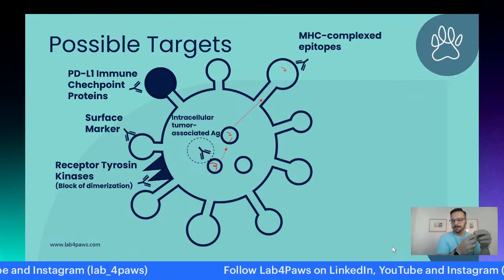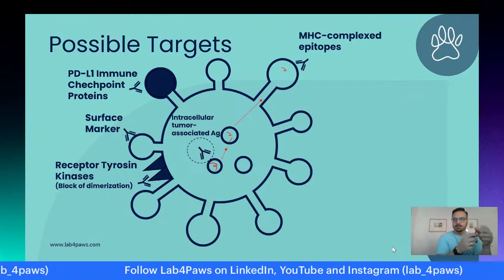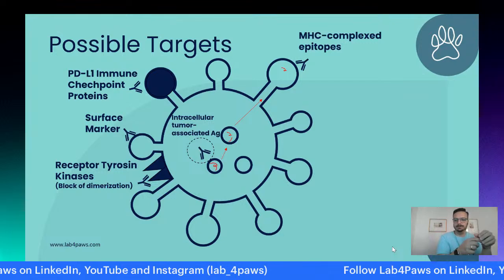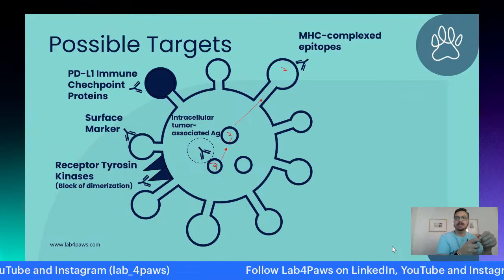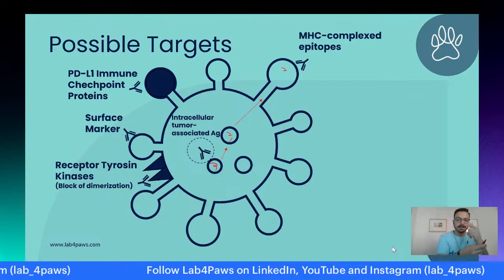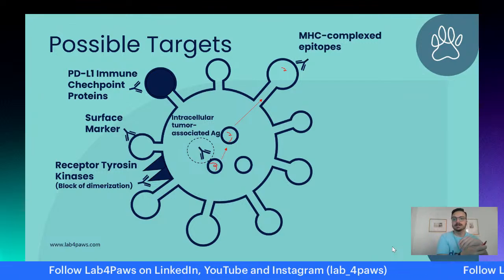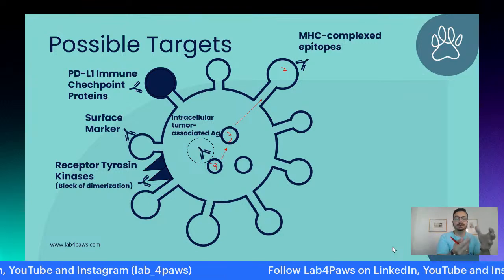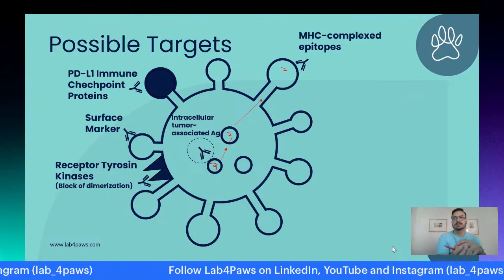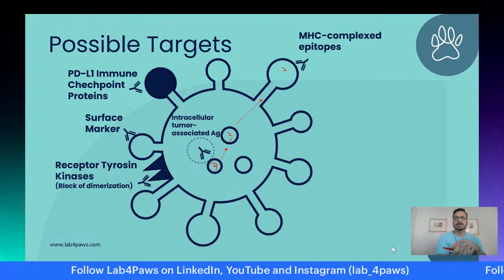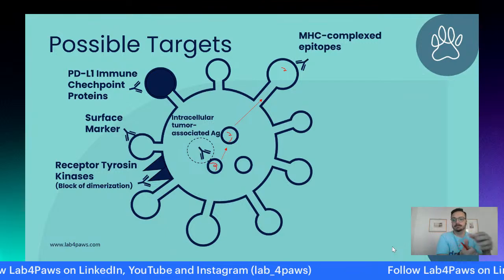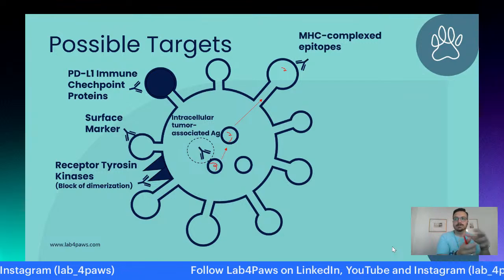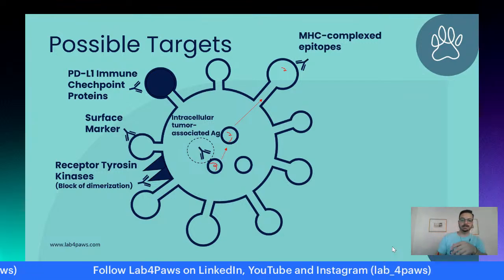Obviously, if there's a tumor, in most cases this is really difficult for the immune system to detect. But in case of a viral antigen, this is the reason why nature developed this MHC. So we can also use this kind of mechanism to detect oncogenes or oncoproteins inside the cell.